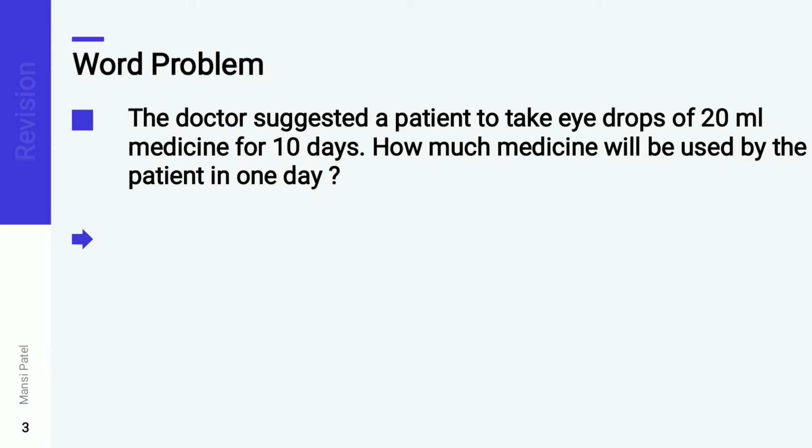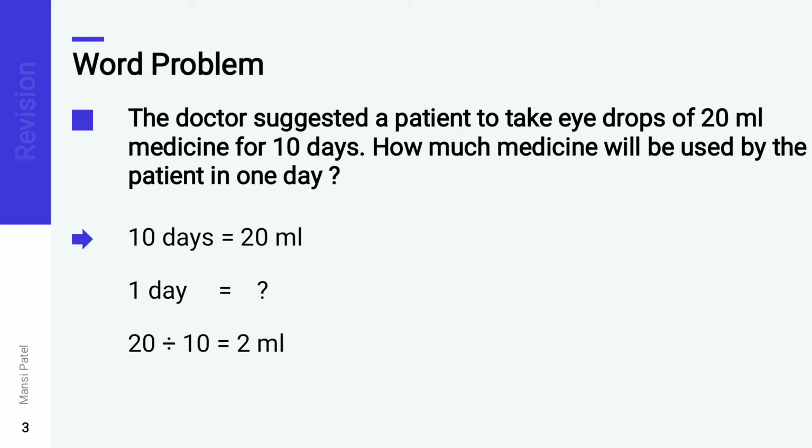Here two things are given to you: one is the days and another is the milliliter. So 10 days is equal to 20 milliliter she is using. So in one day how much does she have to use? Do the multiplication of the numbers written in the cross. Here we have to do the multiplication of 1 and 20 only. 20 ones are 20, whereas this 10 is the remaining, so we have to do the division by 10.